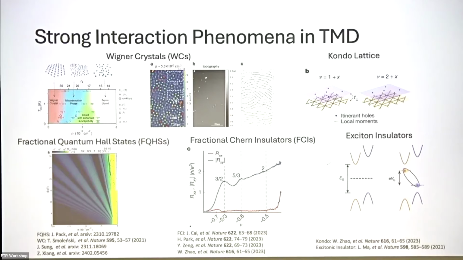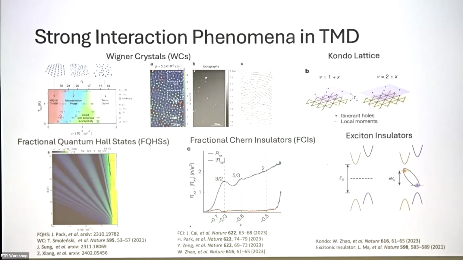So for example, people observe Wigner crystal in molybdenum diselenide, the monolayer one, in this experiment from Harvard. Recently, they measured the optical signal of the Wigner crystal. They see the umklapp scattering from the periodic Wigner lattice.